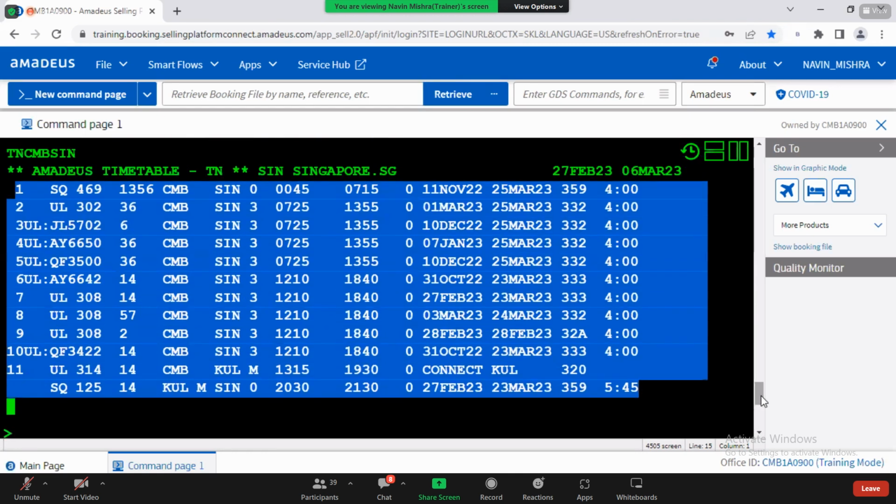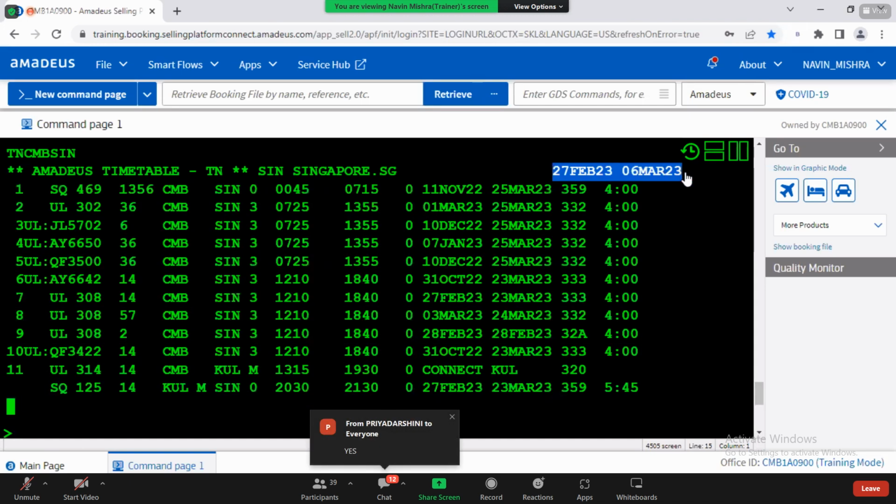Is that clear to everyone? All right. Now, what is the first airline that is operating between Colombo to Singapore? Tell me. That is line number 1 given here. And now, what is the last?